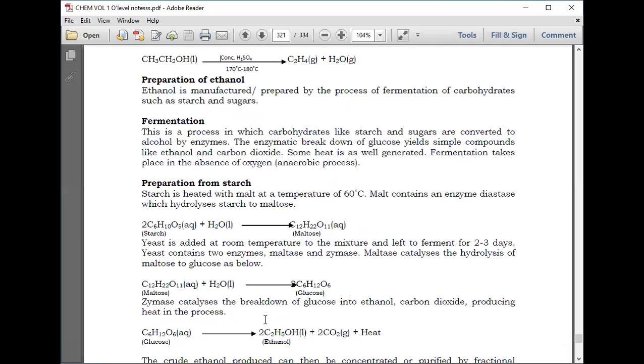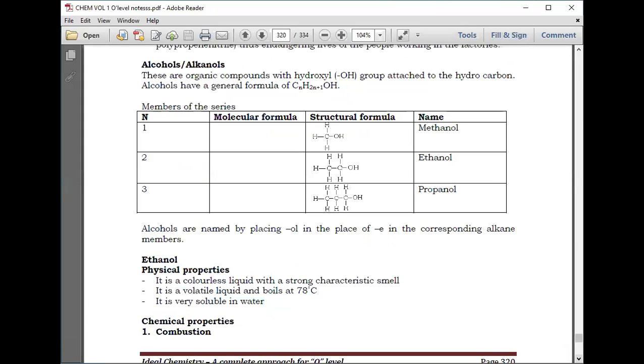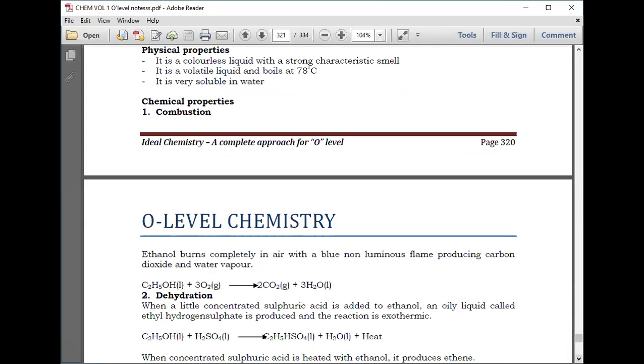So let us now look at chemical properties of ethanol. Number one is combustion. Ethanol, like the other hydrocarbons, what did I tell you are the products when hydrocarbons burn in excess oxygen?